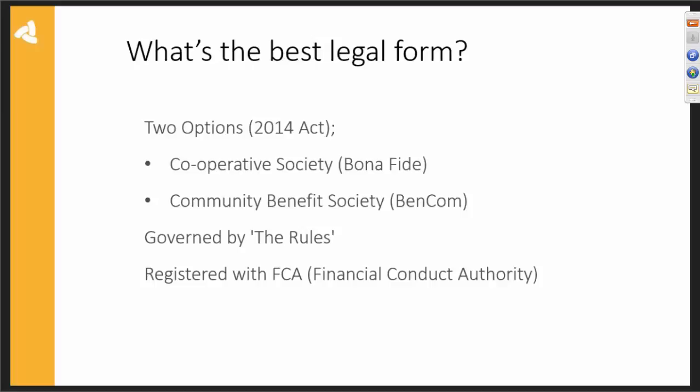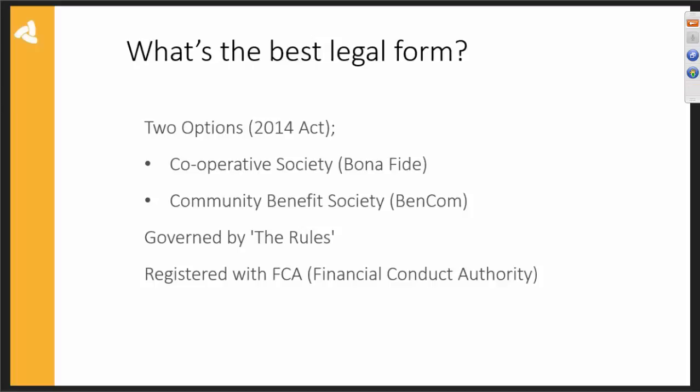The only case in which you would be registered with something other than solely the FCA would be if you chose to be a charitable community benefit society, which is the only one that can be charitable of the two, at which point you would need OSCAR approval as well, and they would also want your returns.